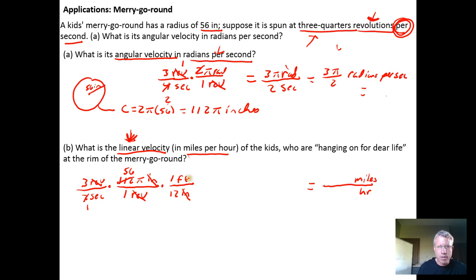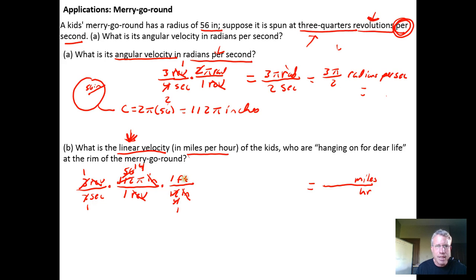So I'm left with feet per second right now as a linear speed. It looks like some canceling can happen here. 3 goes into 12 4 times, and 4 will go into 4 once. 4 goes into 56 14 times. So I'm just going to cancel things as I go to keep the numbers as small as I can.